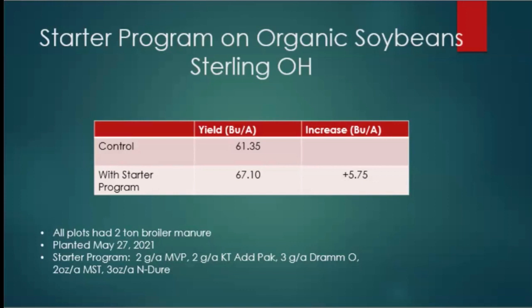If you are putting a soybean in a soil that has never had soybeans, I would definitely recommend taking a strong look at adding rhizobium, the correct rhizobium. There are many different kinds. There's one specifically for beans; different crops have different rhizobium strains. So with that program, it was about 5 3/4 bushels.